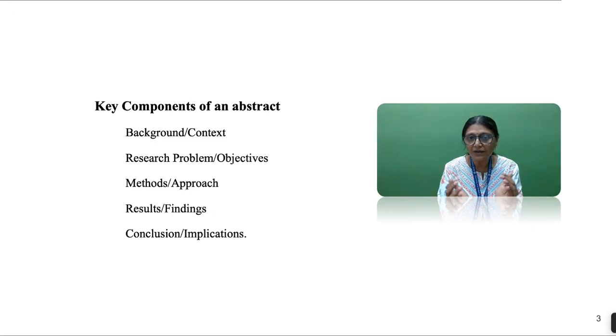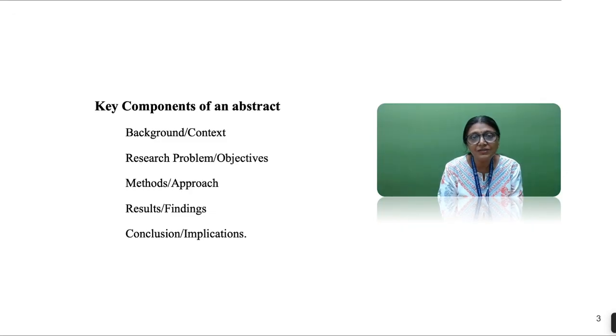So it is all combined. Identifying the problem gives the researcher the aim to explore. The research objective is set after identifying the problem. So the abstract, starting from background, should move on to talk about the research problem and objectives. The next, second and third lines should be about the research problem and objectives.